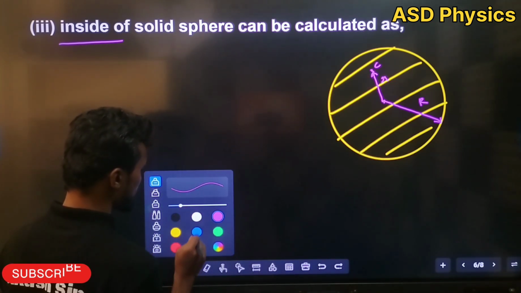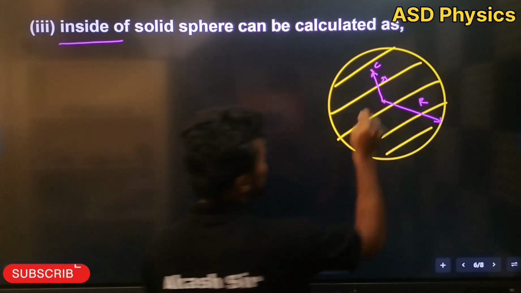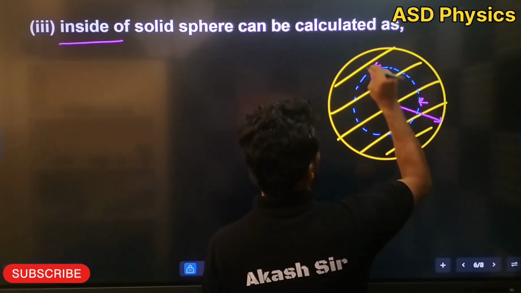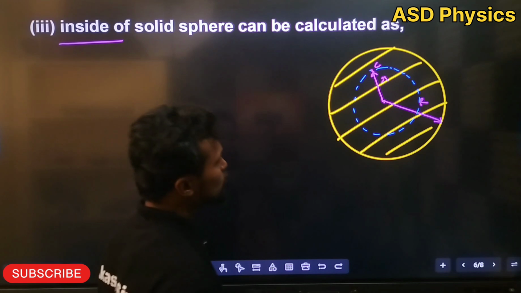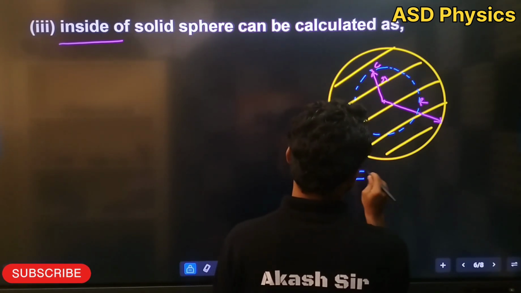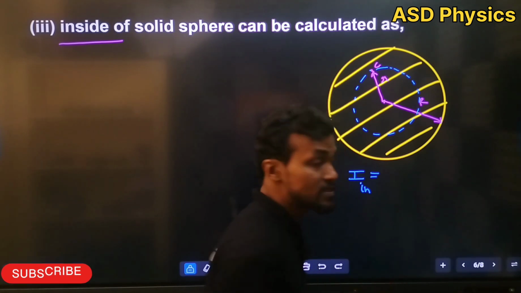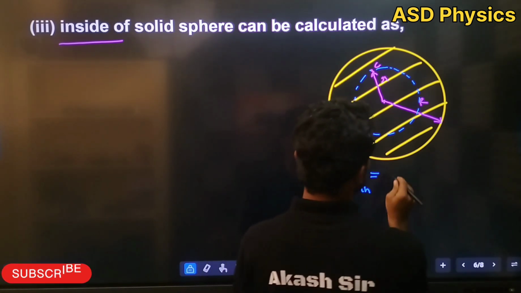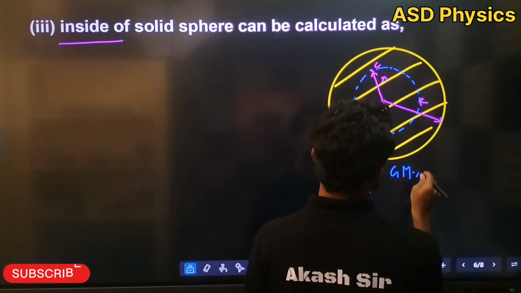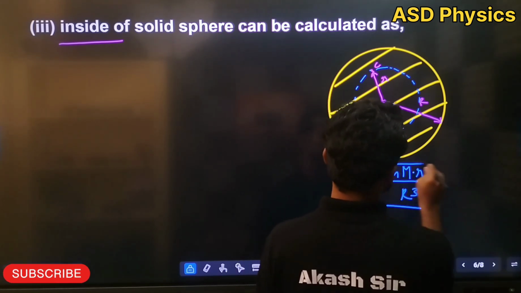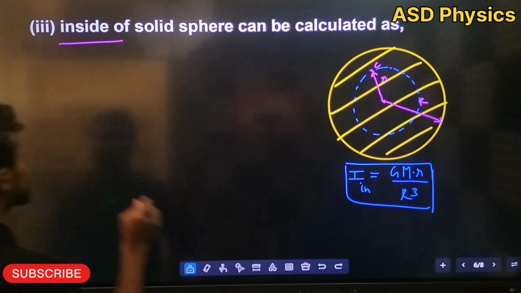After that, what we'll do, students, is draw one imaginary sphere here. You know very well the formula: the gravitational field intensity inside the solid sphere is always given by GM into r by R cube. This we have to use here.